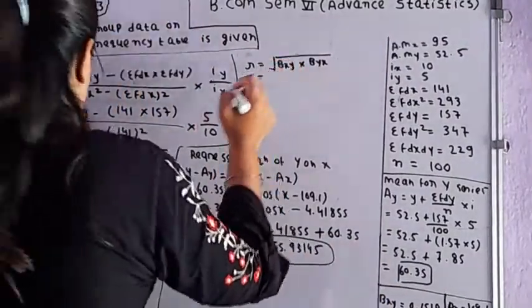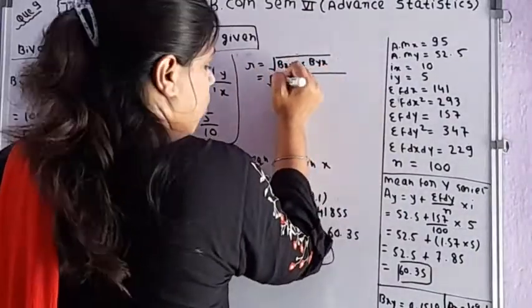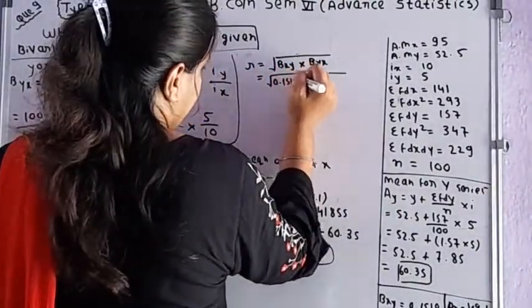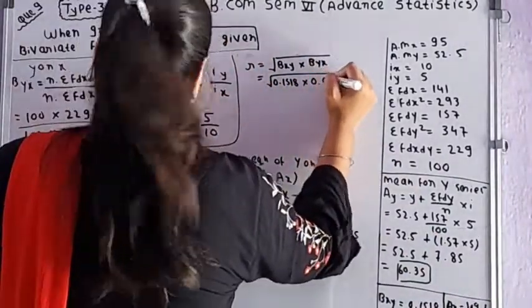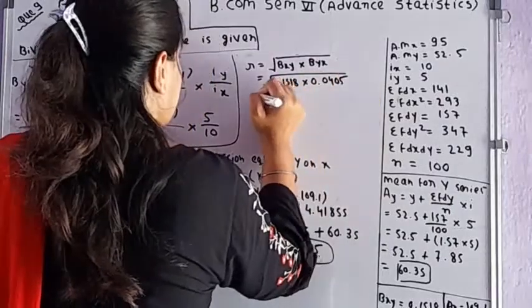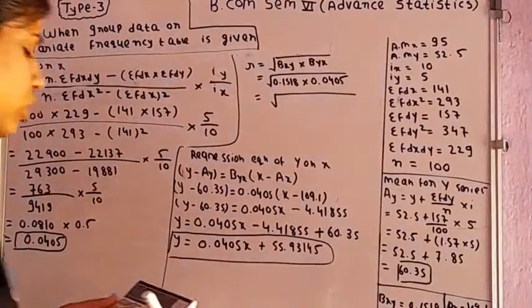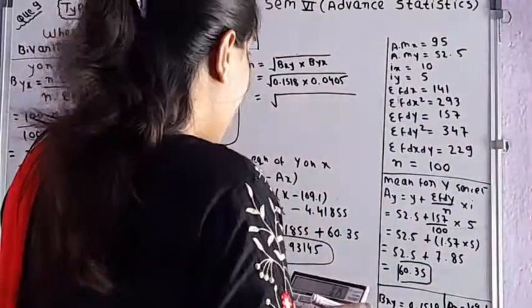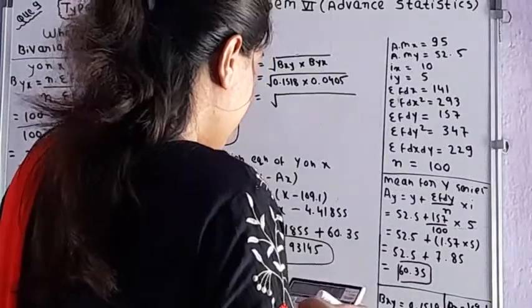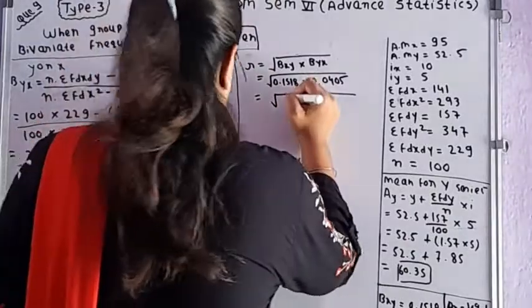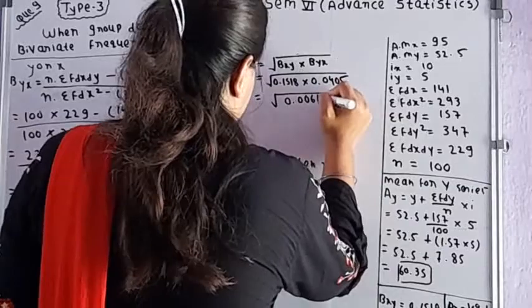What is the value of bxy? 0.1518, into byx, 0.0405. Now we have to make the computation. 0.1518 into 0.0405 comes to 0.0061479.